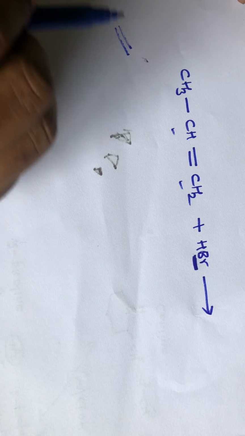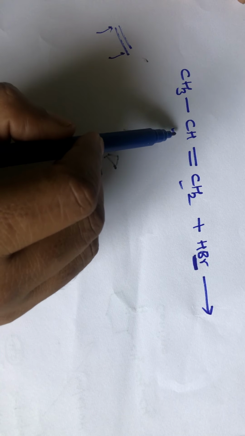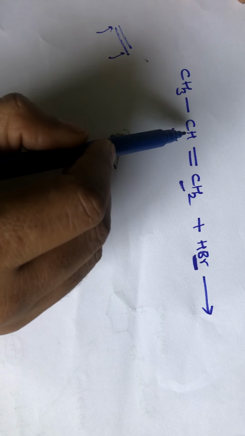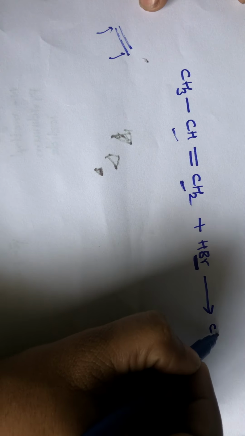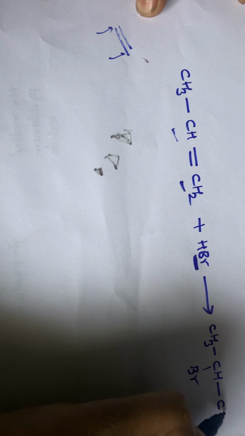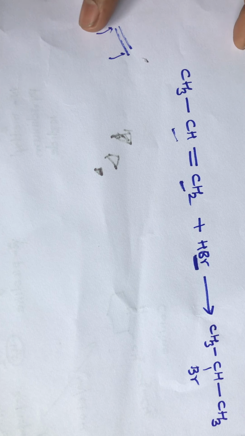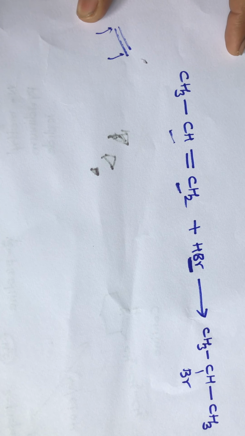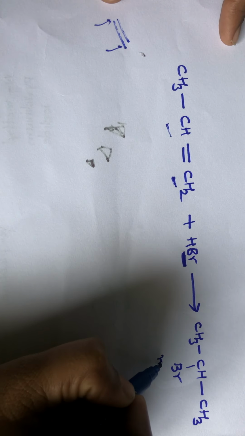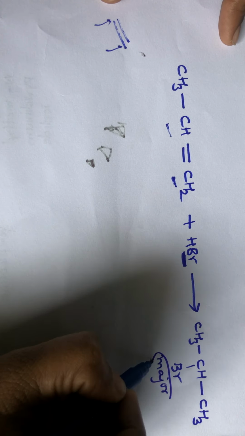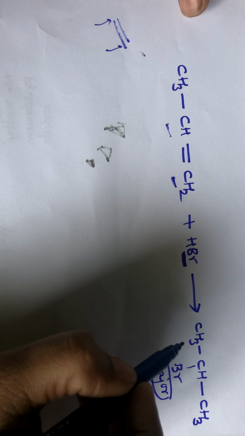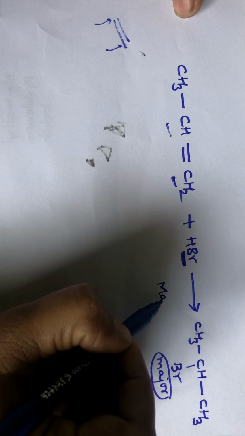So Br minus attacks the carbon containing the least number of hydrogen atoms, giving CH3, CHBr, CH3. This will be the major product, and this is also called the Markovnikov product.